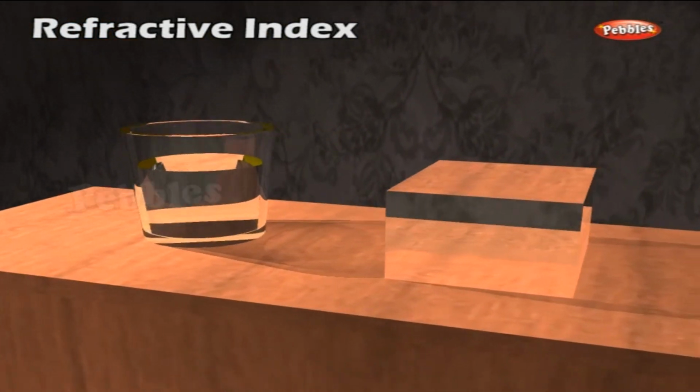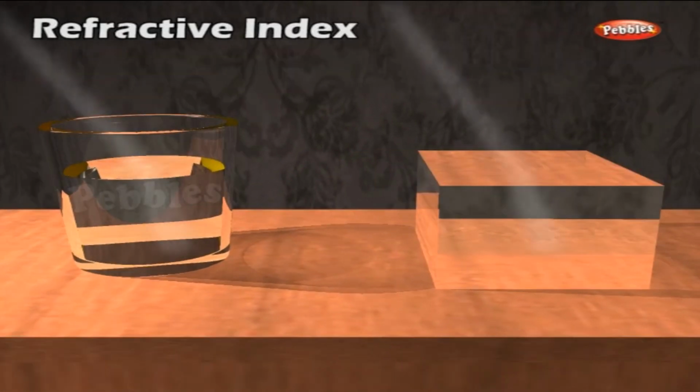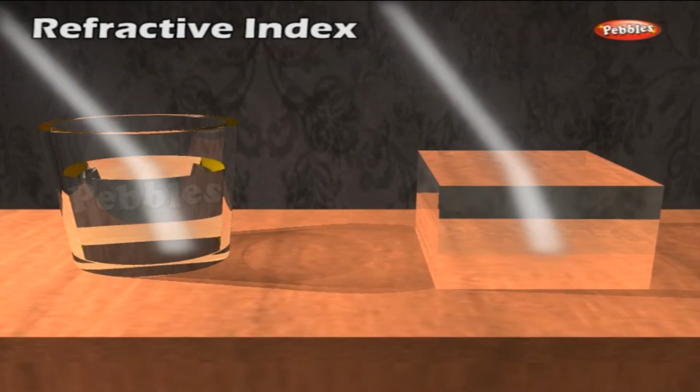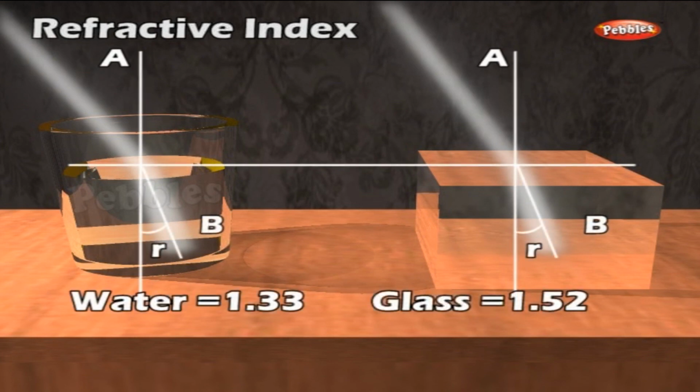For all transparent solids and liquids, it is greater than 1. The refractive index of water is 1.33 and crown glass is 1.52 respectively.